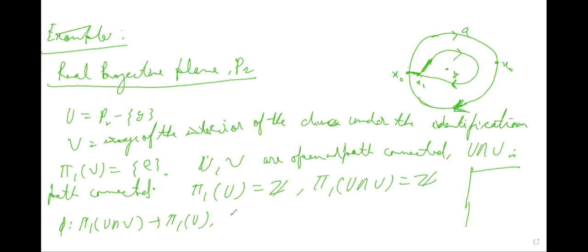So if the class of this is gamma, then gamma goes to alpha square.